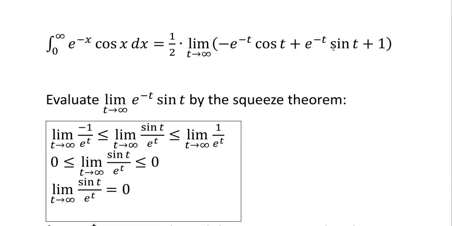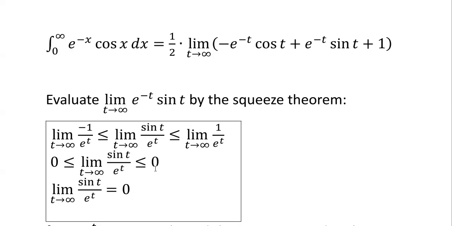Okay, so e to negative t sine t, I rewrote as sine t over e to the t. But even before that, I guess I skipped that typical step I usually show. We know that sine t is between -1 and 1. So then we just divide by e to the t everywhere in that inequality, so then we get right here. If I take the limit of this left-hand side as t approaches infinity, it's 0. Take the limit of the right-hand side, that's also 0.